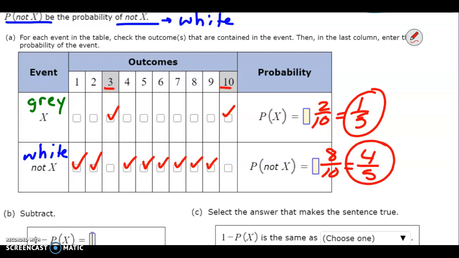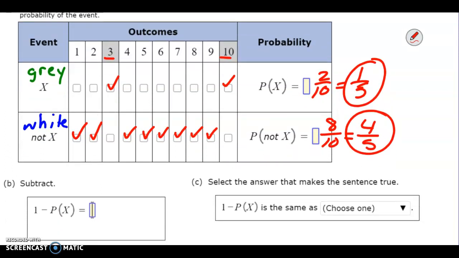Now you might already be thinking ahead to the questions they're asking you. If we're going to take 1 minus the probability of X, so 1 minus the grays, you're going to end up with 1 minus 1/5, which is going to equal 4/5. And they're pushing you towards what you might already notice.